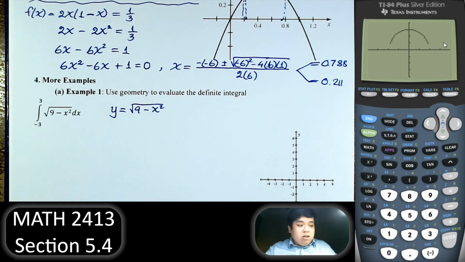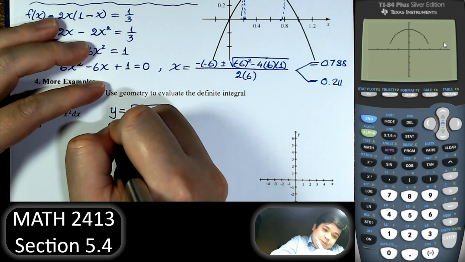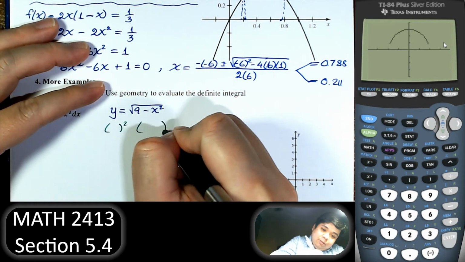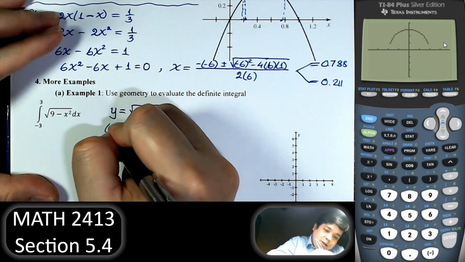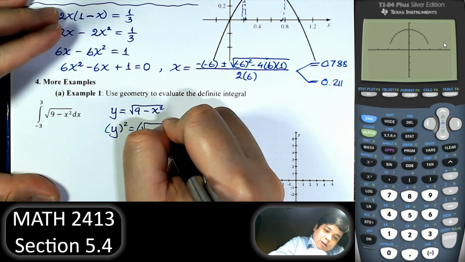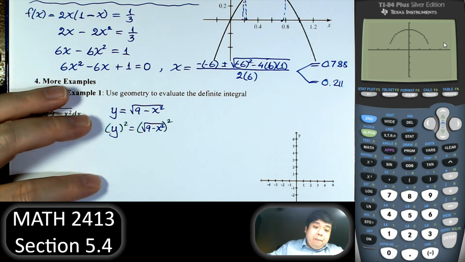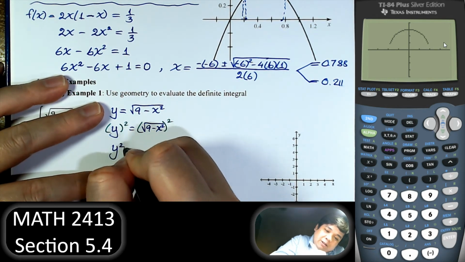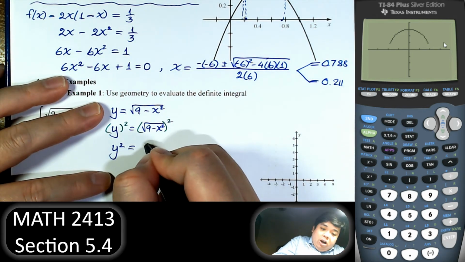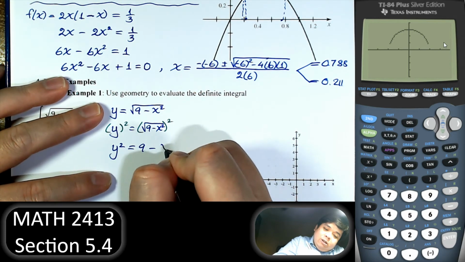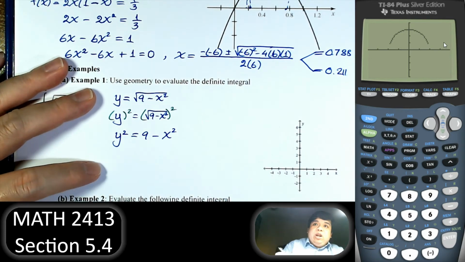Let's square both sides. Usually when we square both sides, we do need to check the answer, but squaring will undo the square root. And we move the x squared to the other side.